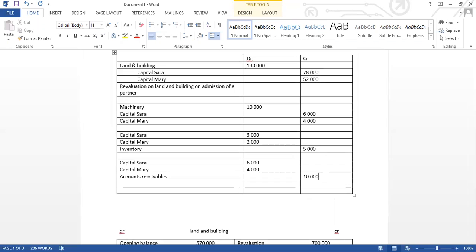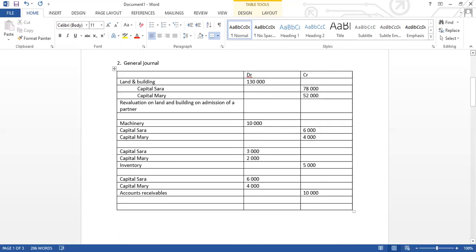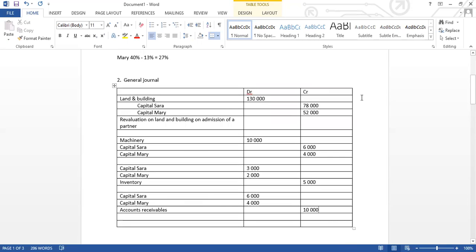Then you get your full marks. So just to recap on the journal entries, the first thing you need to do is identify whether the asset is increasing or decreasing. If the asset has increased in value, then you need to credit your capital accounts.